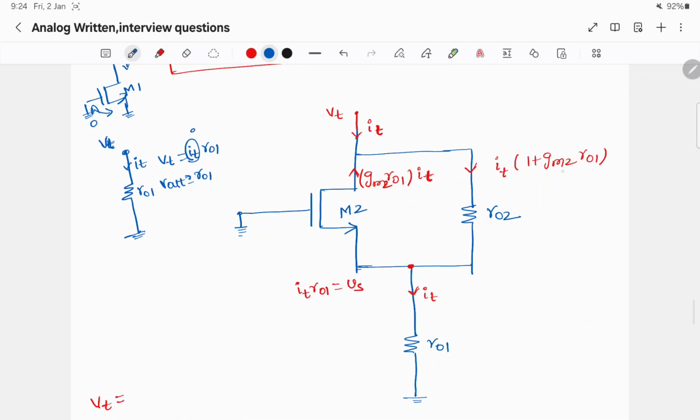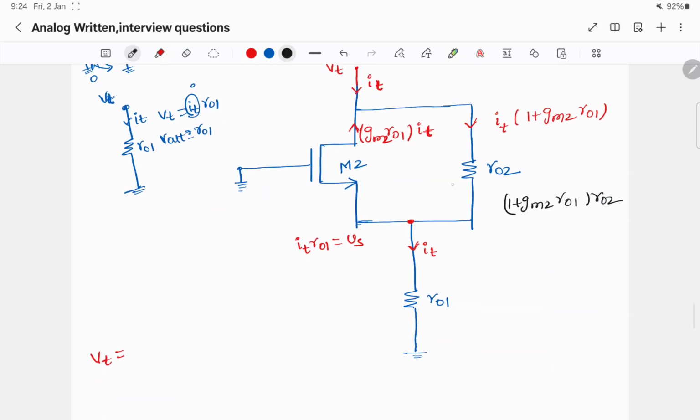But here it looks like IT current is flowing through a resistor of ro2 times (1 plus gm2 ro1). So VT is IT times (1 plus gm2 ro1) times ro2 plus IT times ro1.